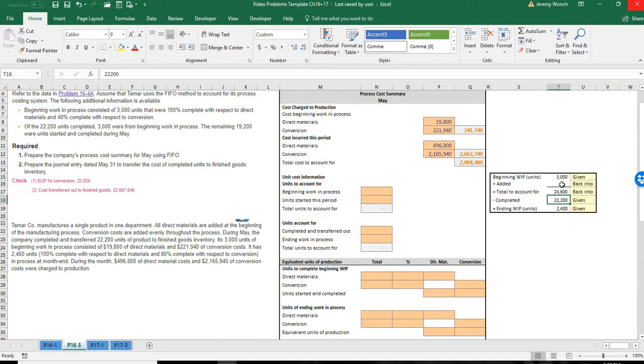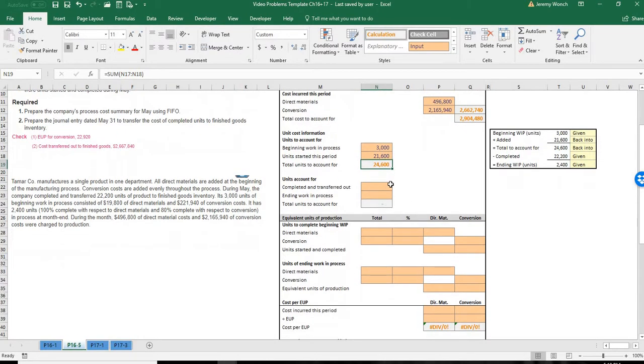If we started with 3,000, that means we added 21,600 units during the month. This will help us as we go through it. Our beginning work in process was 3,000 units, and we started 21,600, so we need to account for 24,600 units.